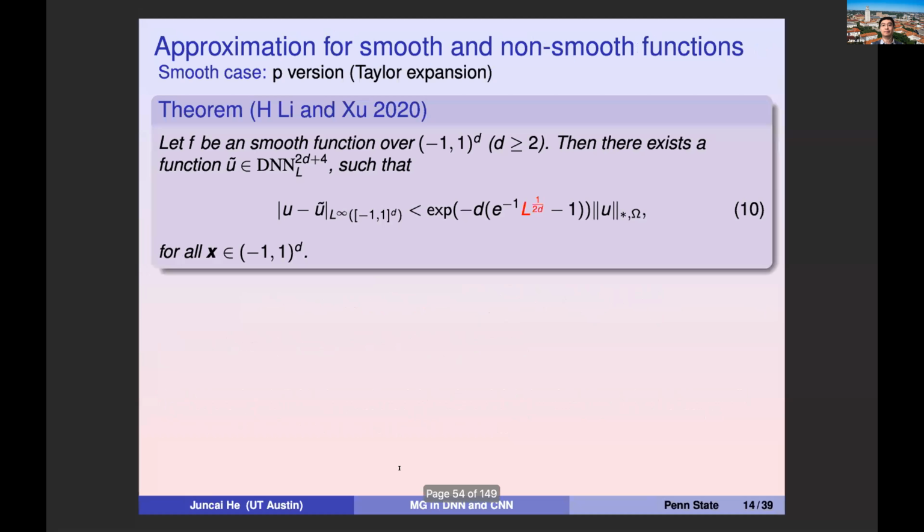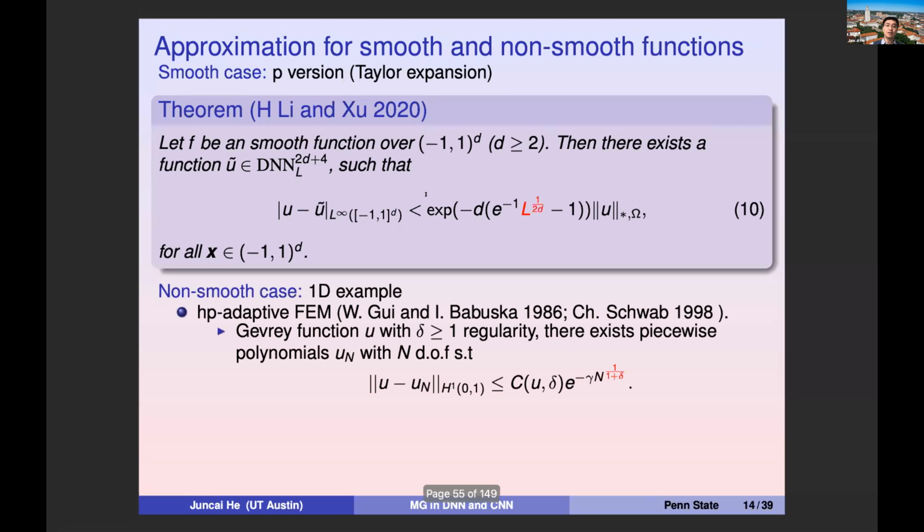For example, if we involve this Taylor expansion or spectral method, then for a quite smooth u, we can approximate u efficiently to achieve exponential type of convergence. This result is very similar to Professor Yi's result, but here we do not need to shrink the domain. We can just have the entire domain.